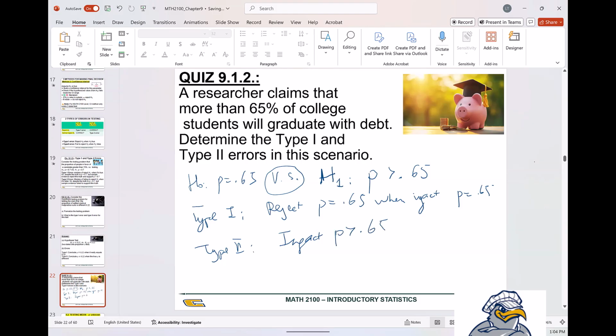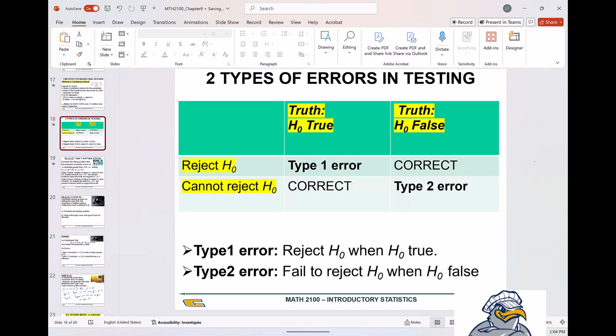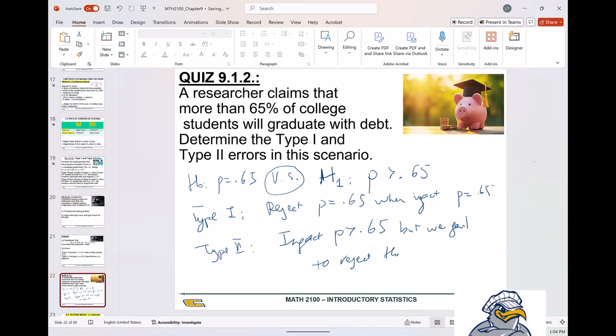P is greater than 0.65, but we fail to reject H naught, which means we didn't support P greater than 0.65. So you just refer back: fail to reject H naught when H naught is false. In fact this is true, but you fail to reject H naught. You can say exactly: fail to reject P equals 0.65 when in fact P is greater than 0.65. Here I just put it in the backward direction.